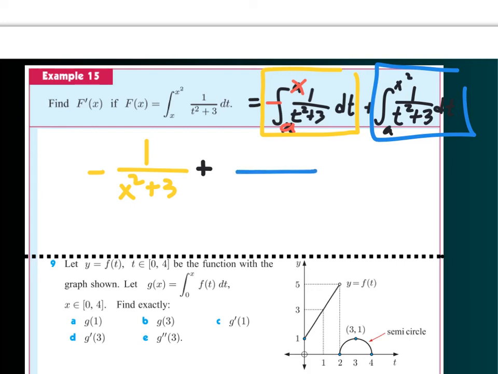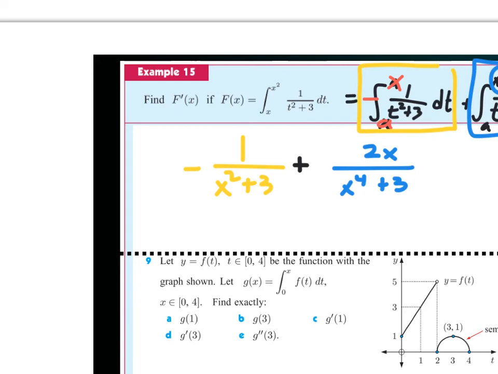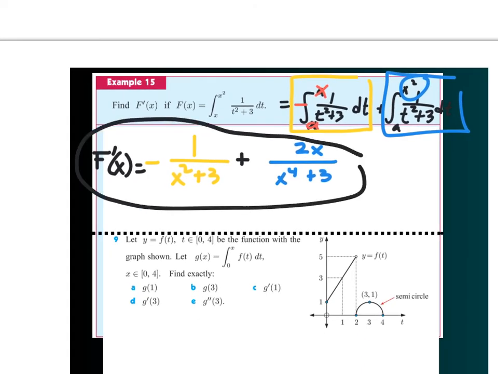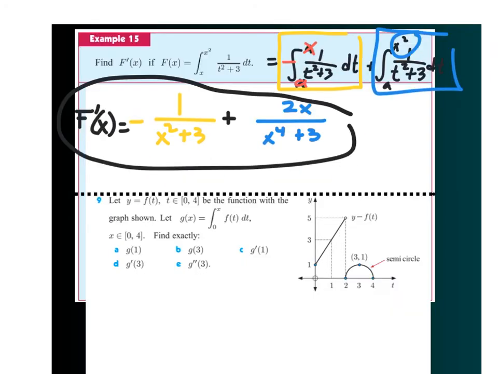So it'll be 1 over x to the 4th plus 3 times the derivative of that, which is 2x. I would leave it just like that. I would call that f prime of x. I wouldn't try to simplify it. You don't need to. It doesn't require you to go any further than that.